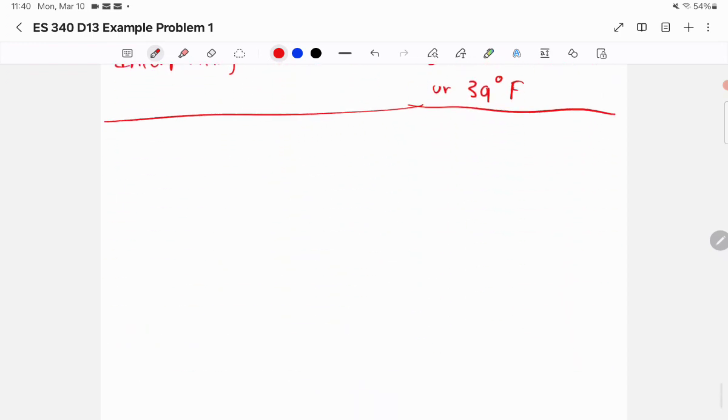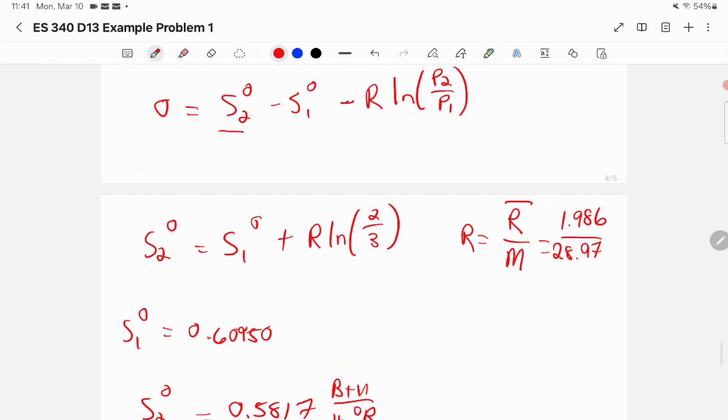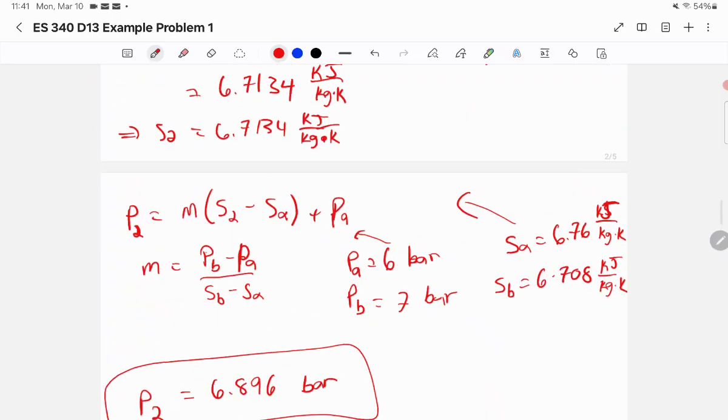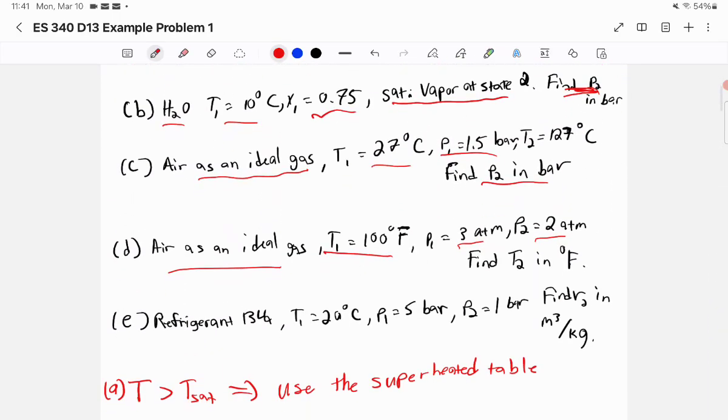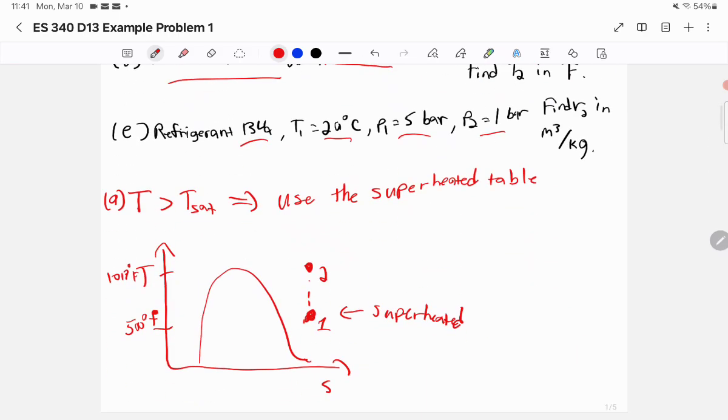Okay, and then finally, part E asks us about refrigerant 134A, so we'll have to go to that particular table. It gives us T1 is equal to 20, P1 is equal to 5, P2 is equal to 1, and we're asked to find V2.